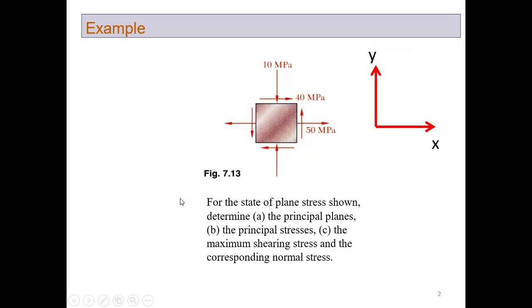So let's read the statement of the problem. For the state of plane stress shown in the figure, determine the principal planes. So we have to determine the principal planes, meaning the principal axes, and the principal stresses, sigma maximum, sigma minimum, or sigma 1 and sigma 2 in this case.